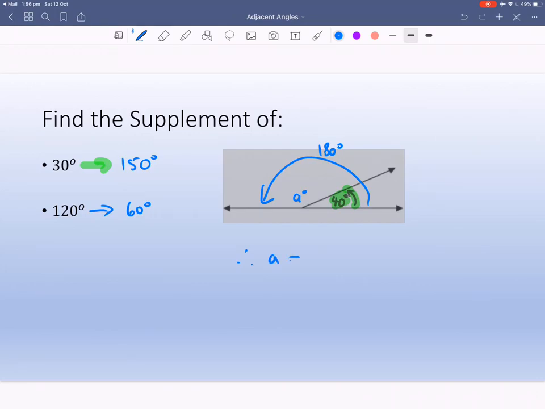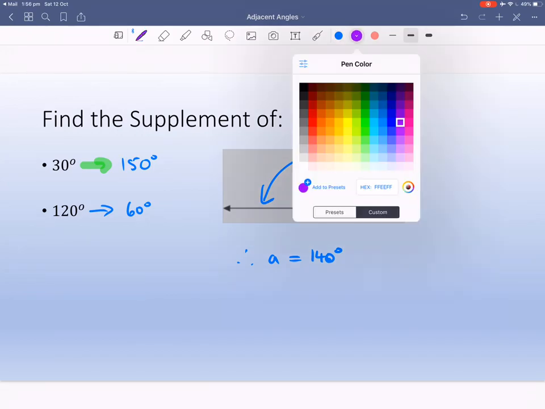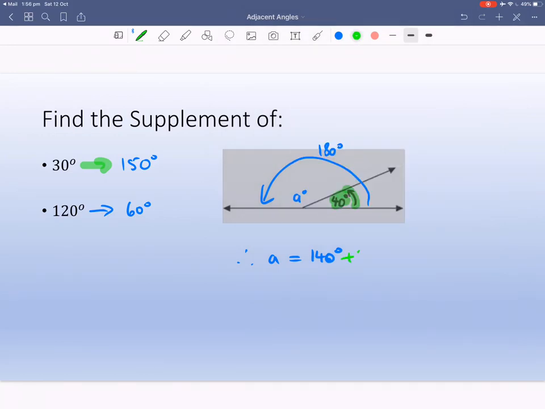Therefore, A will equal 140 degrees, because 140 plus 40 degrees equals 180. Don't write that down, I'm just showing you why. So the answer is 140 degrees because supplementary angles must always add up to what?